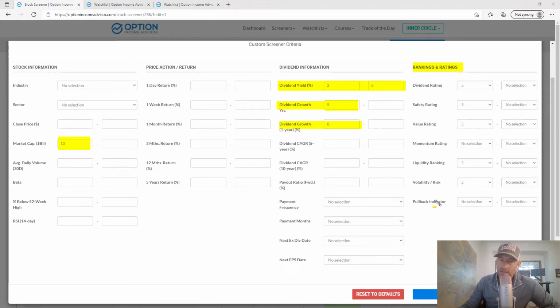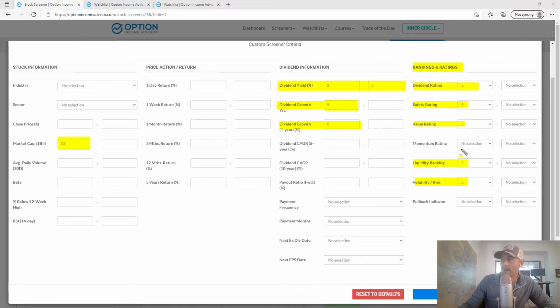And so what I like to do with these screens is basically say, I'd like to get an above average rating for all these key rating metrics at a minimum, right? So I'm looking for stocks that have at least an above average rating for all of these metrics. So you can see I've just set a minimum. I've got dividend rating, minimum of 5, safety rating, minimum of 5, value, liquidity, and then volatility risk.